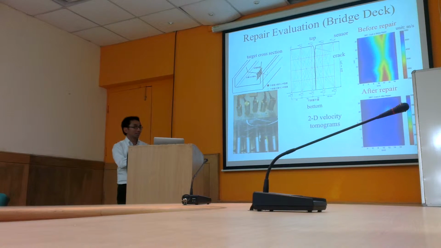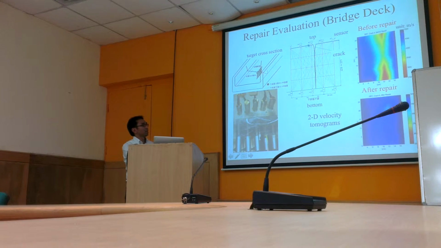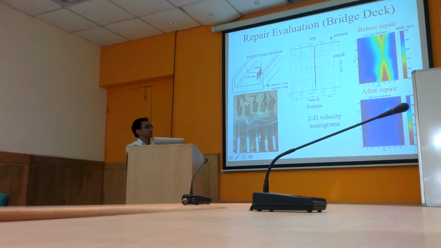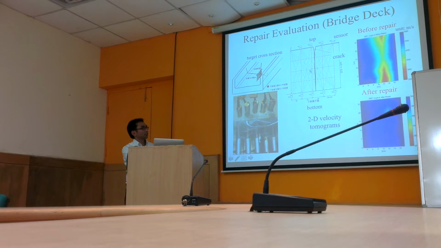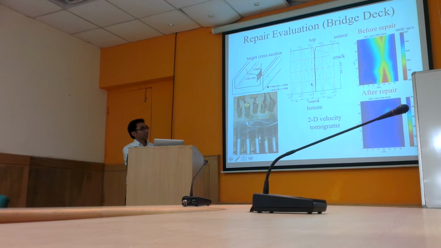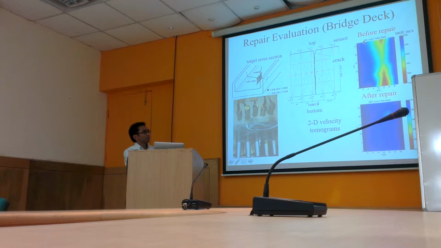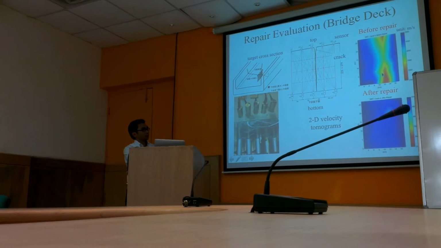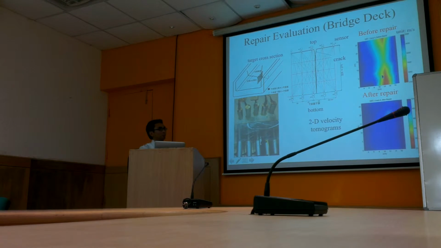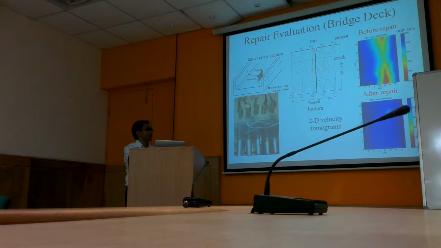How do we find that? So we can use this technique. Just simply put 5 sensors on top and the soffit, and carry out the tomography. Then you see these are the results. The low velocity regions are actually connecting from top to bottom. So we can come to a conclusion that this actually is one crack penetrating through the thickness of the slab.